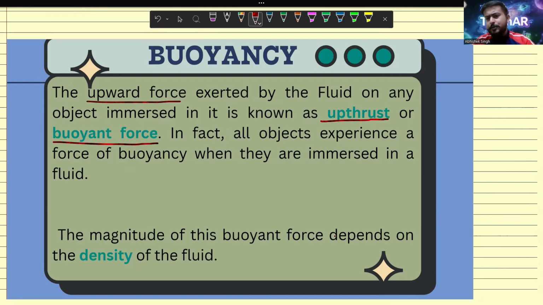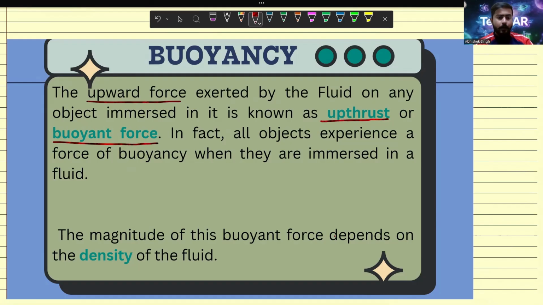In fact, every object will experience a force of buoyancy. You felt yourself lighter when you got inside the water. Why? Because there is some force acting upwards. As your weight acts downwards, there's a force acting upwards, and that force is called buoyant force. We can also call it upthrust.